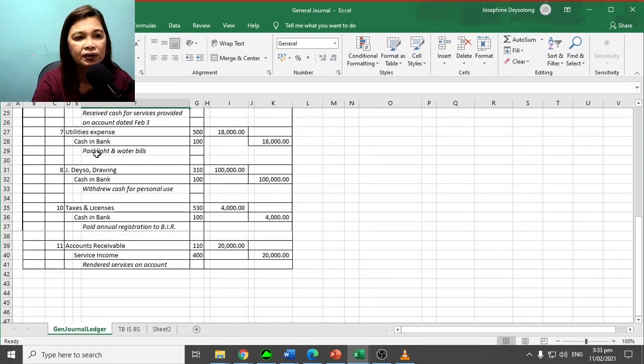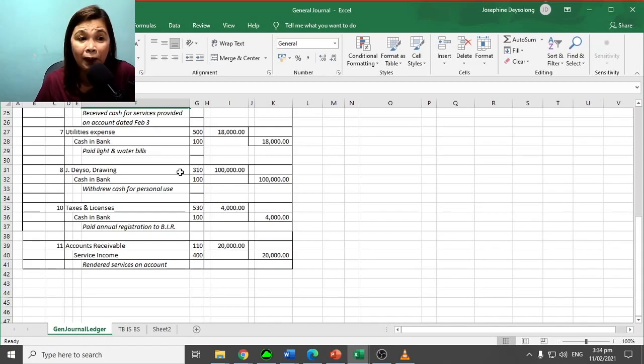Now, for the number 8 transaction, I withdrew cash for my personal use. Okay? So, when I withdrew cash, I credit cash in bank. Alright?